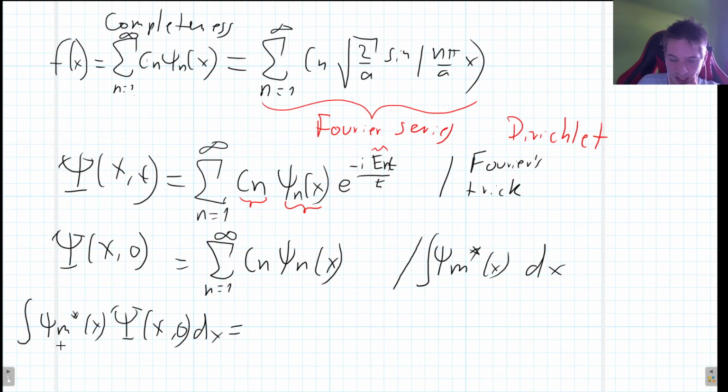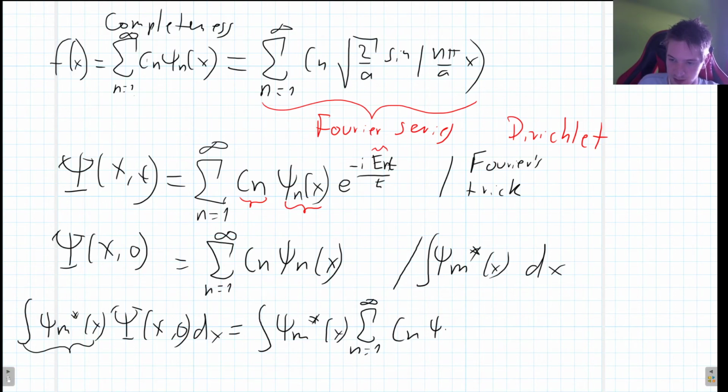So on the left, we just get this extra term, but on the right is where the real interesting things happen, because now we get this integral of psi m of x times what we already had, the sum Cn psi n x dx.